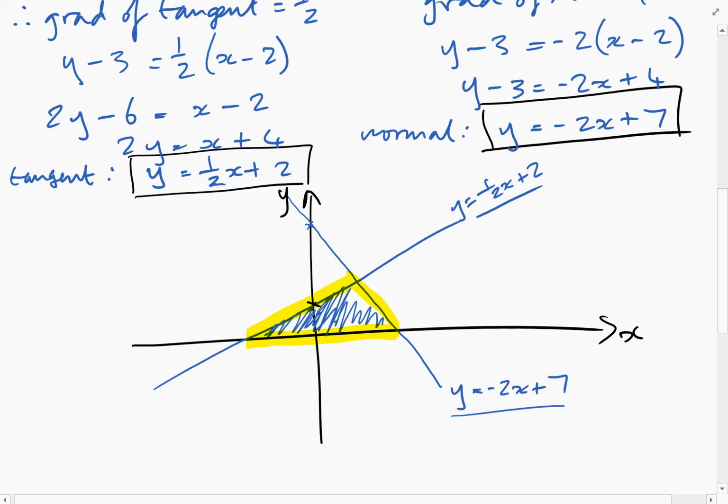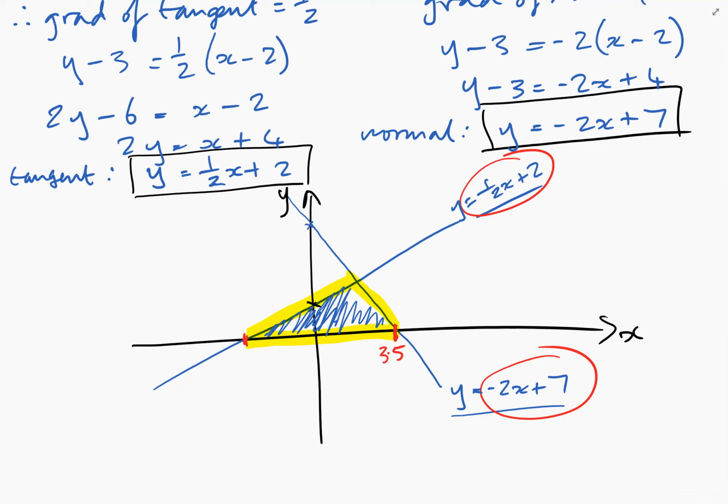So in order to find that area, we need the key values of the graph. This point over here will be where this equals 0. So you can see that will happen when x equals 3.5. This value over here will be where this equals 0. So you can see that would happen when x is minus 4.